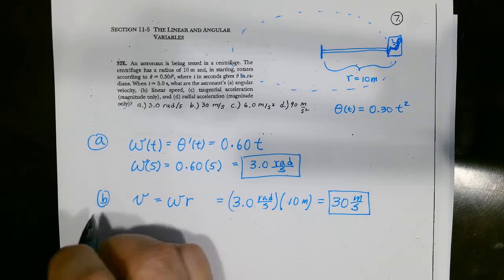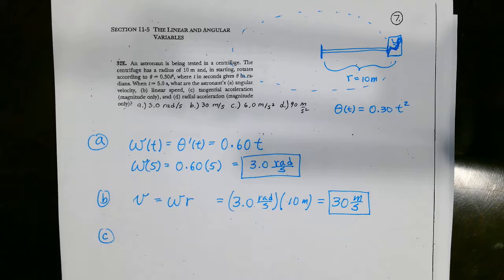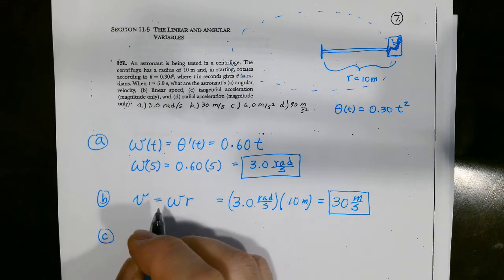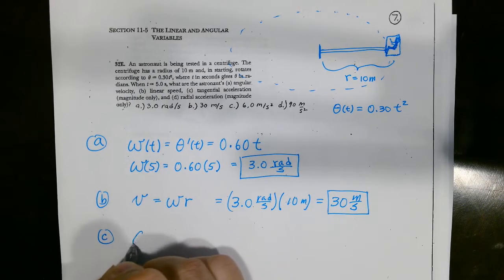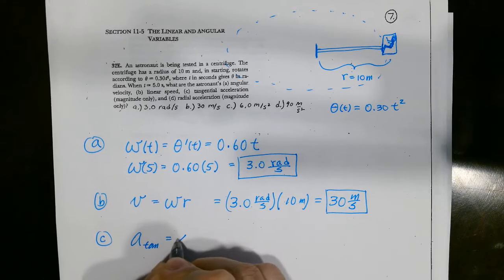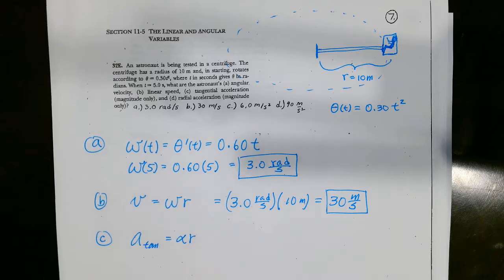Part C, what is the tangential acceleration? Tangential acceleration is equal to alpha r. Well, how do we calculate alpha?